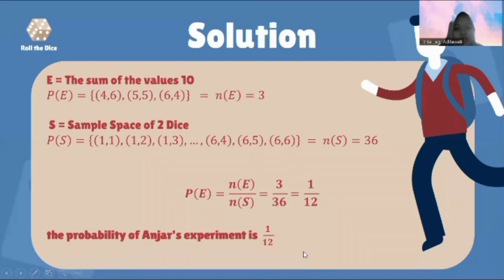And on the red line 4, 5, and 6 belong to the first dice. And on the green line 6, 5, and 4 belong to the second dice.